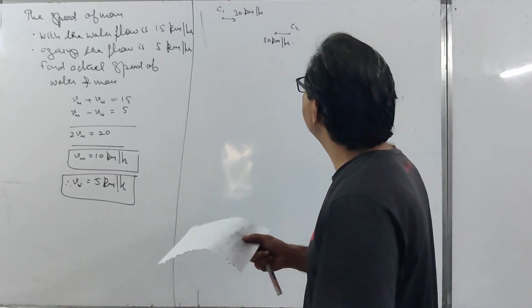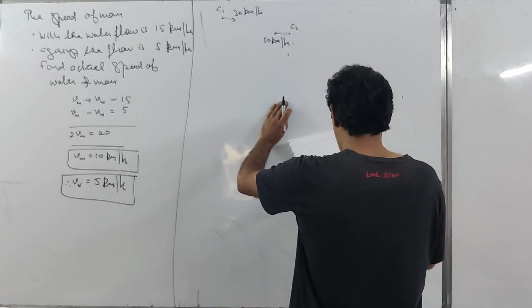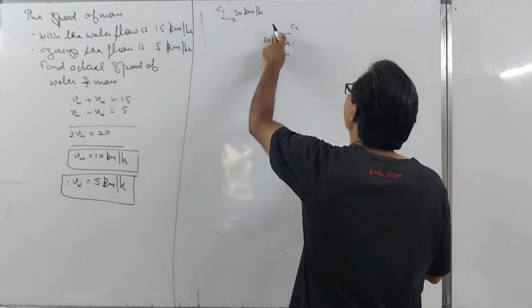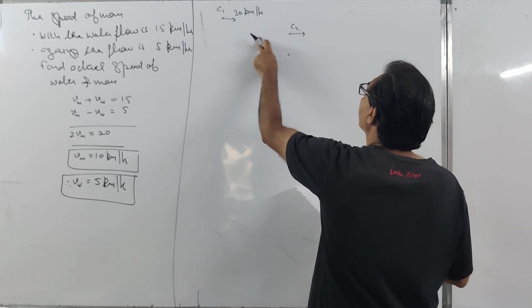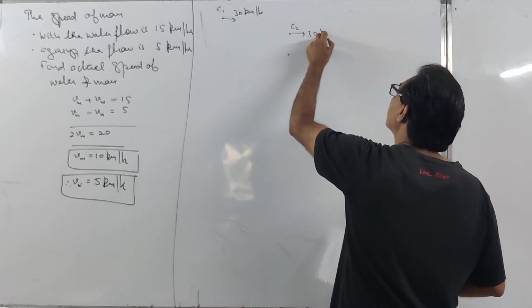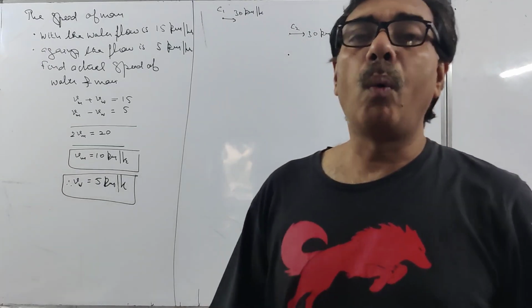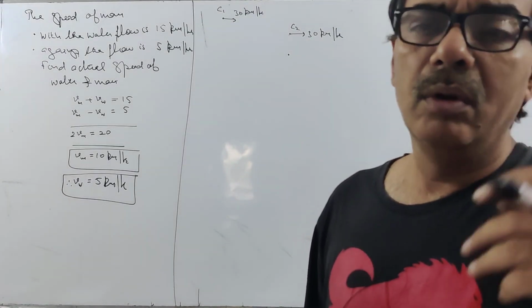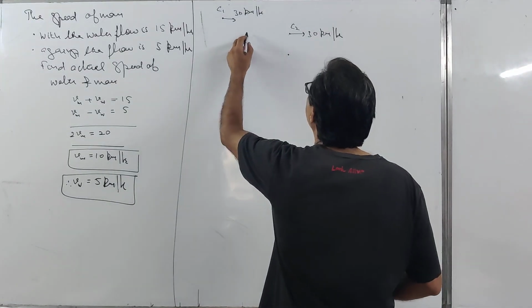Sorry, these cars are moving in the same direction at 30 km per hour. Now what is the relative speed of 1 with respect to 2? It is 0. Both are moving in the same direction. And the separation between them is 5 kilometers.